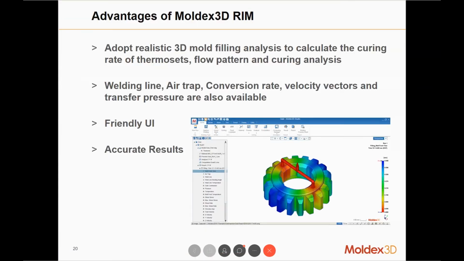Okay, so in Moldex3D, we use a true 3D mold filling analysis, so we can calculate the curing rate of the thermoset material, and we can predict the flow pattern, everything in the curing stage, and also the cooling and warpage. So with our simulation, we will be able to predict the potential weld line and air trap and all other surface defect locations.